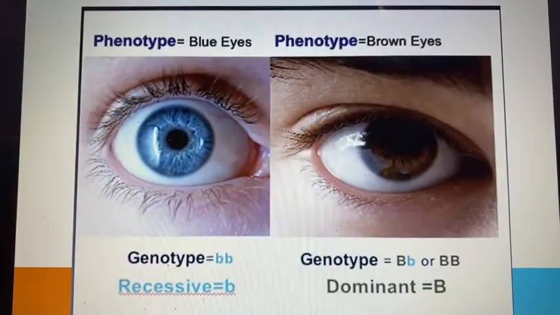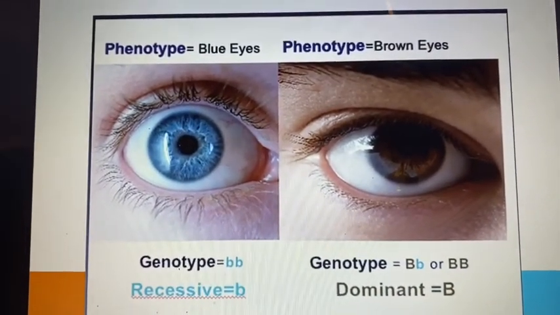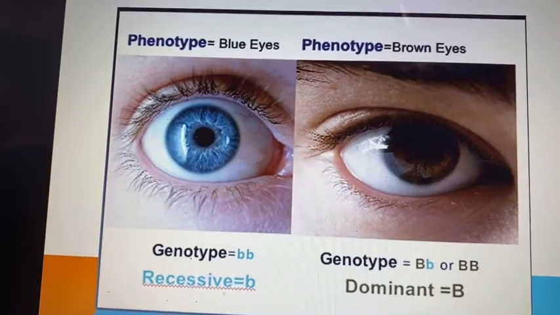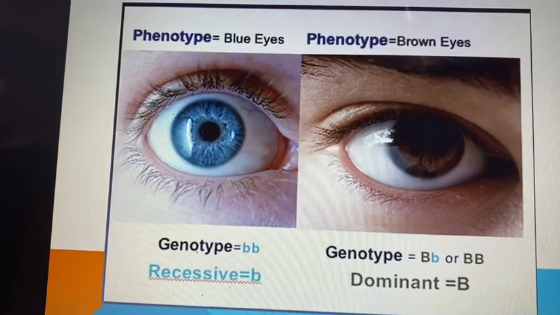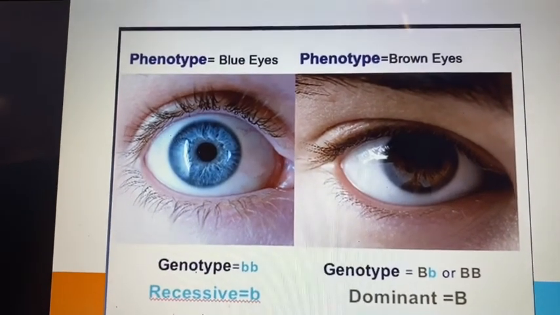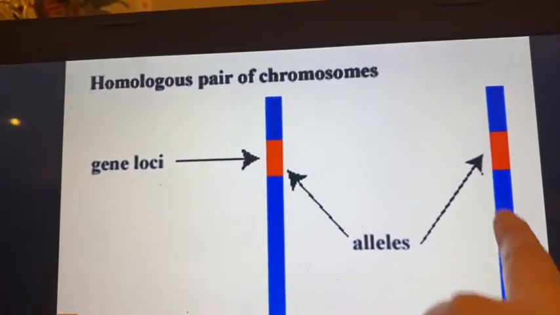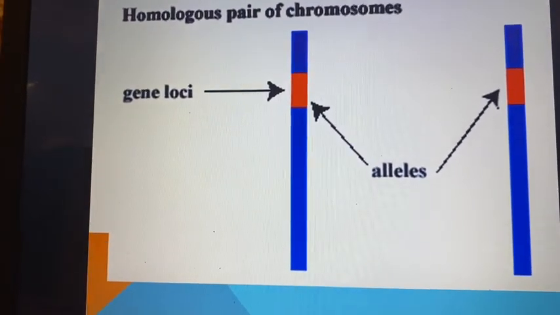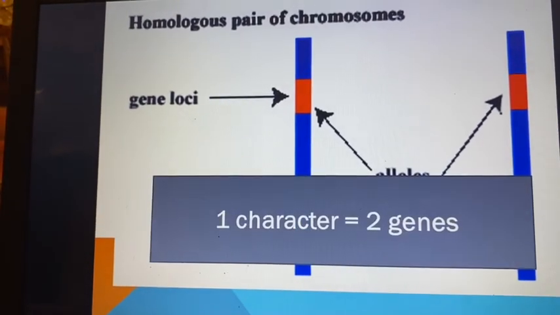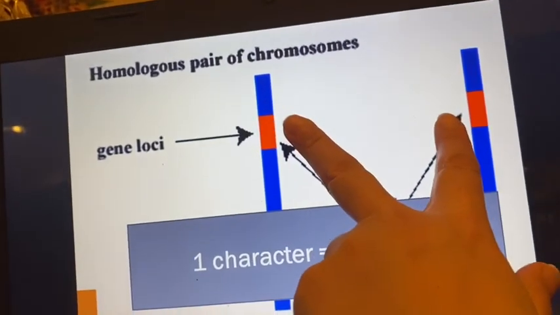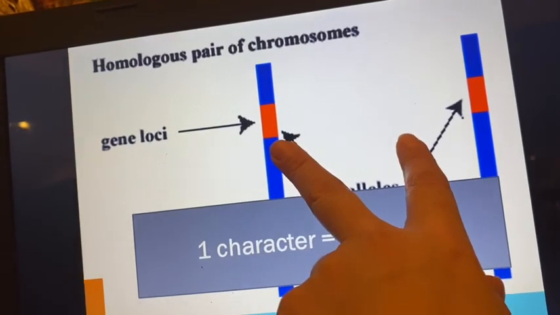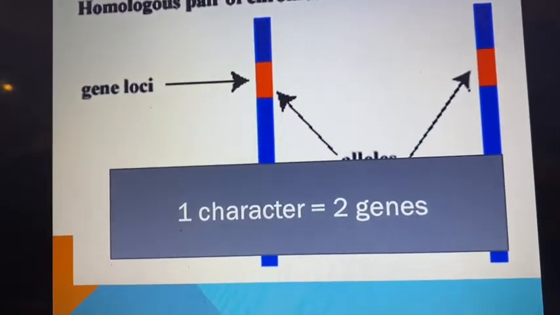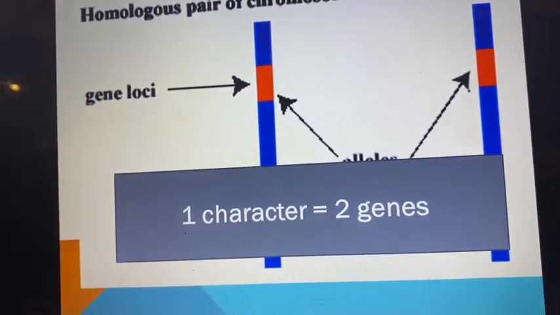Now look at these two characteristics, one brown eye with another blue eye. You know that our characteristics are controlled by the genes, or mainly by the chromosomes, and you know that chromosomes are always aligned in pairs, and for each characteristic, it is controlled by 2 genes. 2 genes for your eye color, another 2 genes for your skin color, another 2 genes for your hair type, another 2 genes for your height.